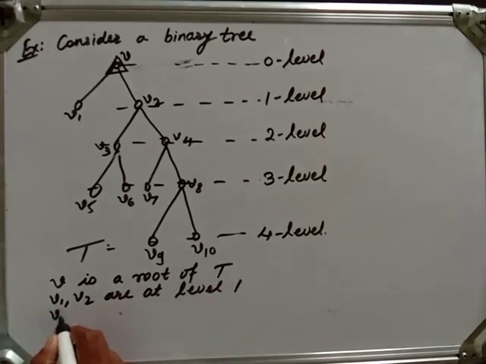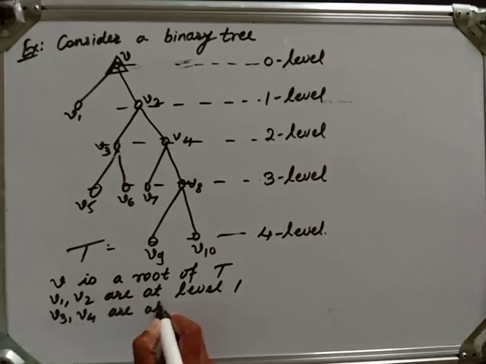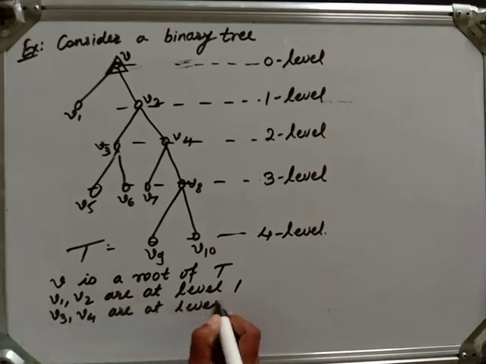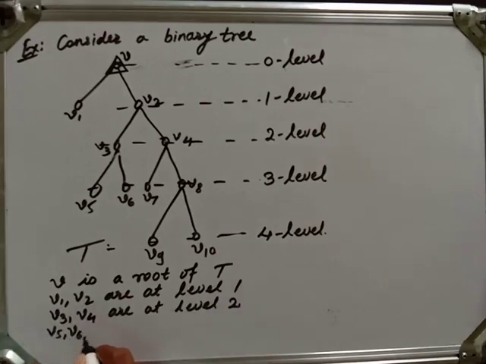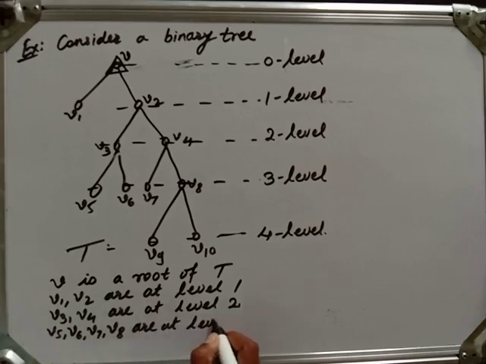Now V3, V4 are at level 2. V5, V6, V7, V8 are at level 3, and V9, V10 are at level 4.